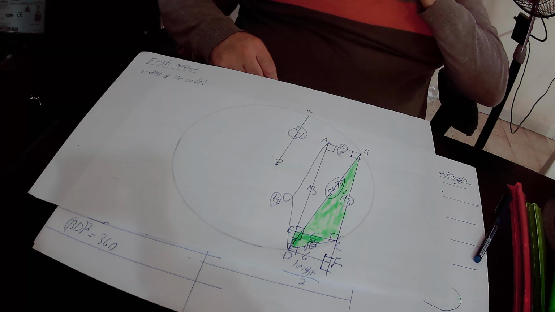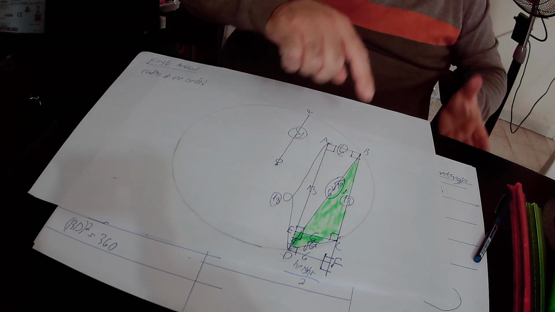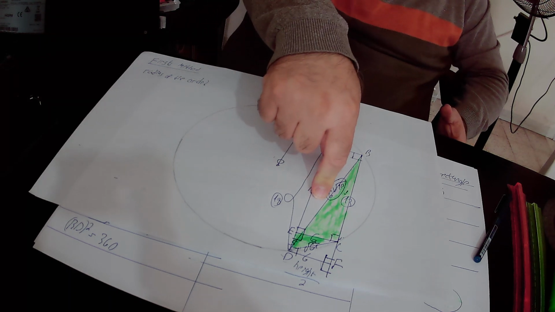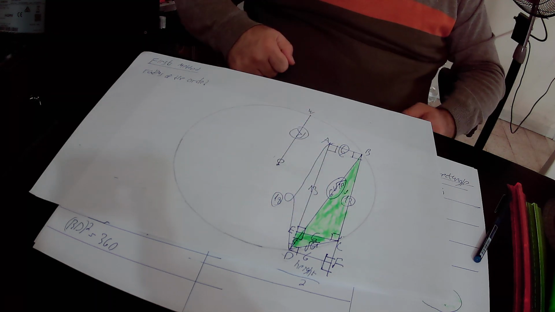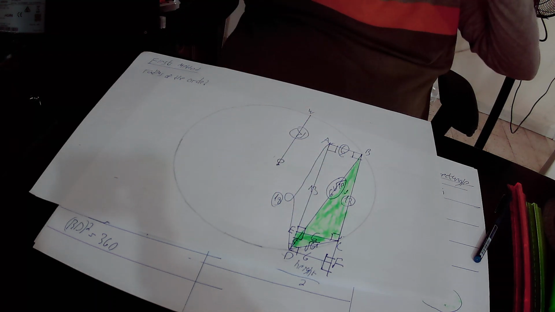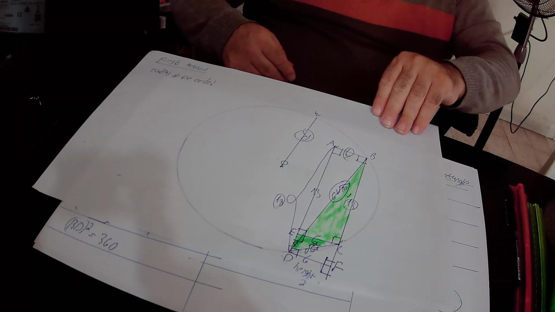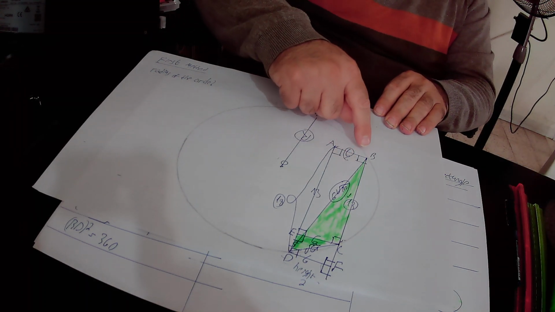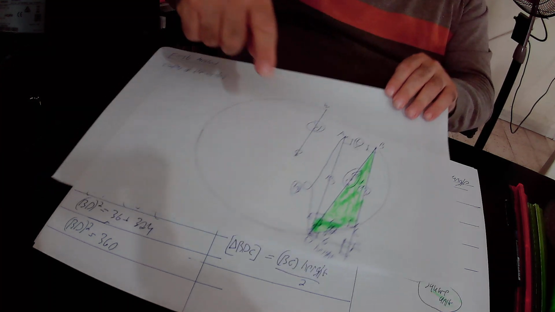In the next step, we joined points B and D together by a straight line. By joining points B and D, we created this right triangle, triangle ABD. Then we implemented the Pythagoras theorem on the right triangle ABD. The hypotenuse in the right triangle ABD is BD, therefore the square of the hypotenuse is BD square.